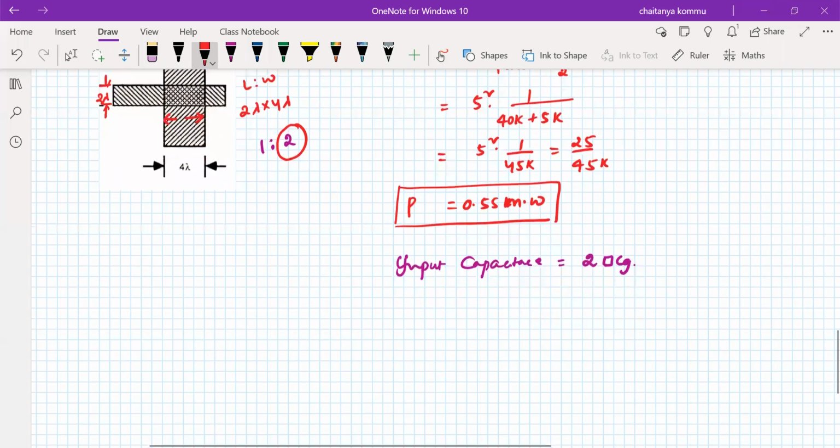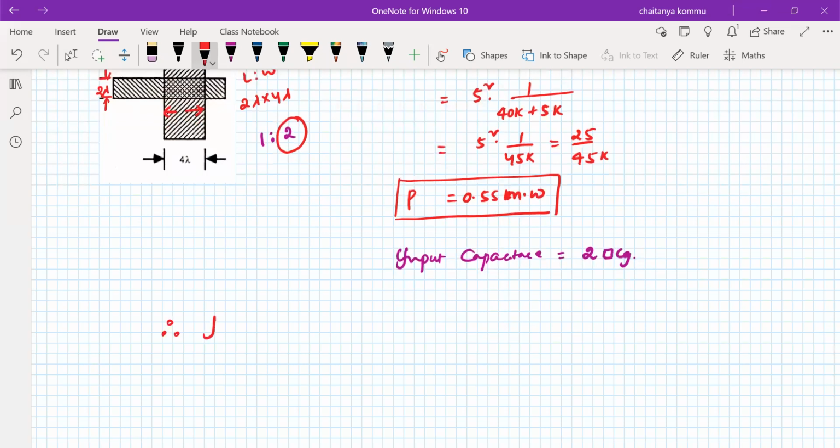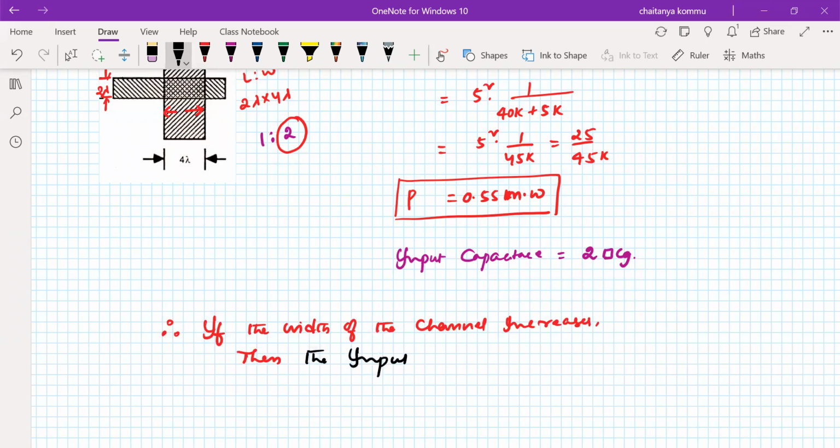Therefore, what is the conclusion that we can draw here? If the width of the channel increases, then the input capacitance will increase.